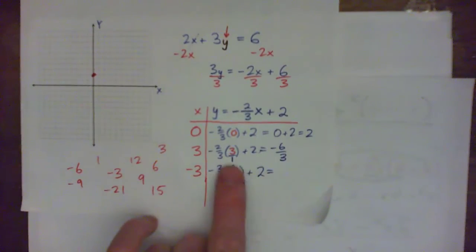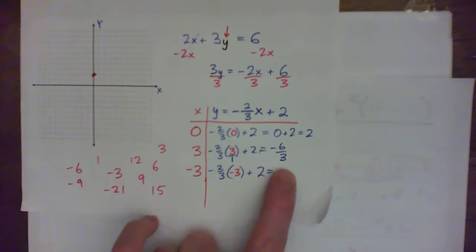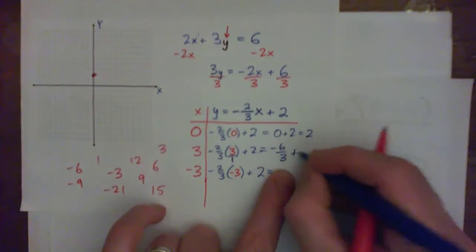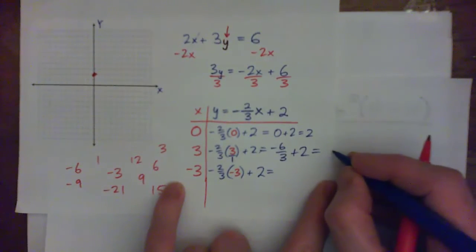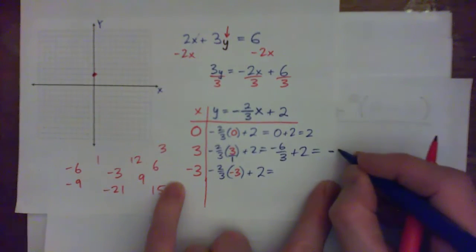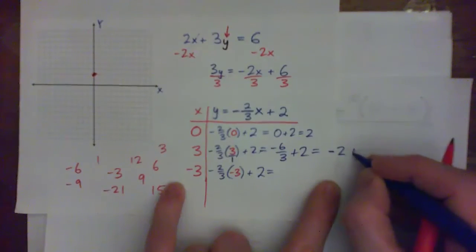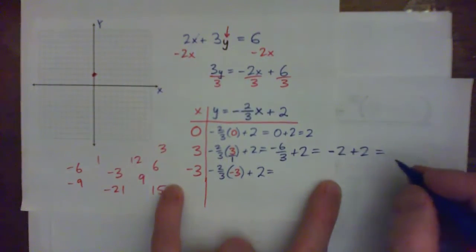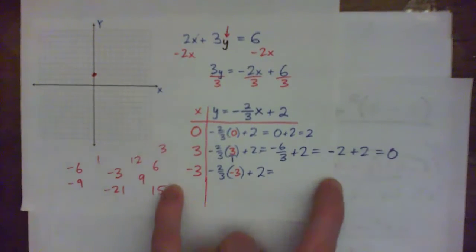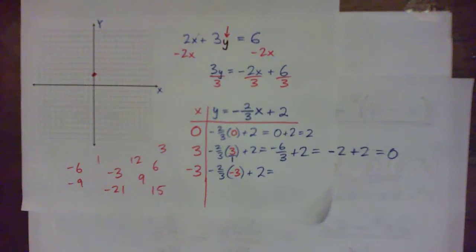Can you all see that this becomes -6/3? Yes. All right, plus 2. So that -6/3 makes -2, right? And then these guys add to 0. Okay with that? Any questions on that?